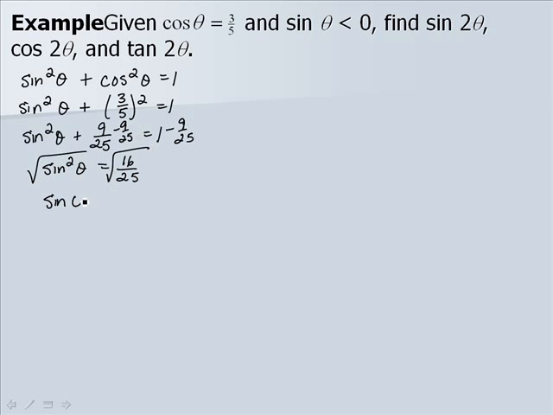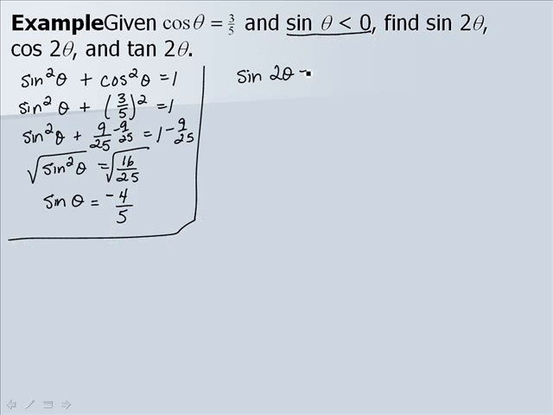Now normally when we take the square root, we get sine of theta equals plus or minus the square root of 16/25, which is 4/5. But we're told here that the sine of theta is negative, so we know we just have our negative answer here. So now that we've found our sine value, let's find the sine of 2 theta using our double number identity.